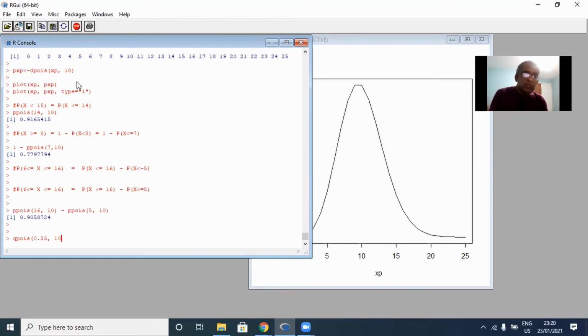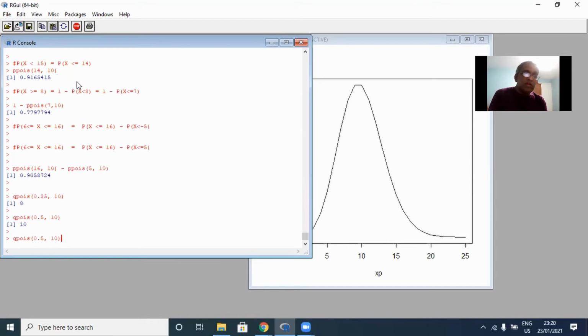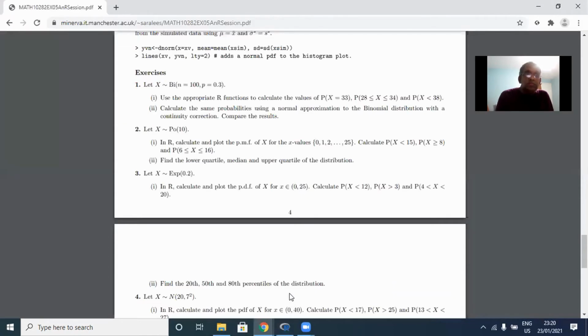To find the median, you take the probability to be 0.5, and to find the third quartile, you take the probability to be 0.75. So the lower quartile is 8, the median is 10, the upper quartile is 12. That completes exercise 2.